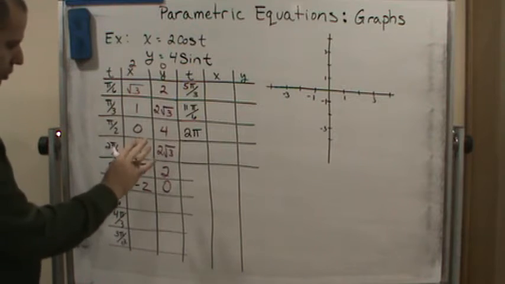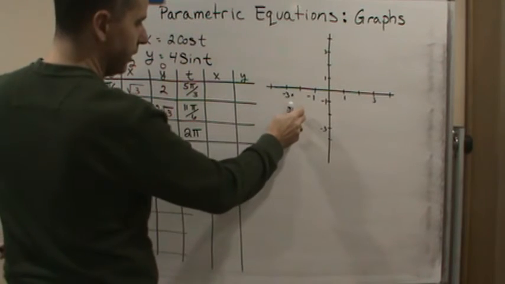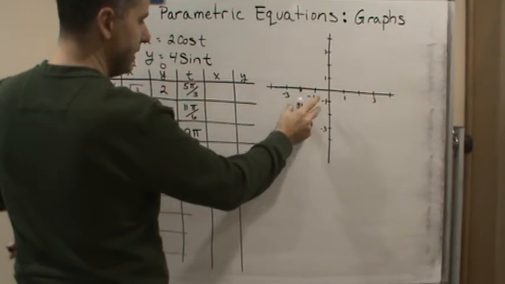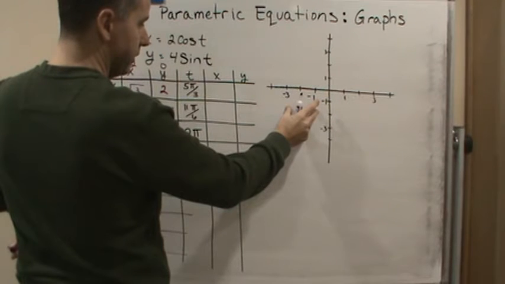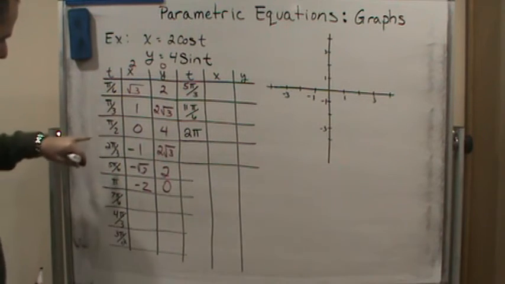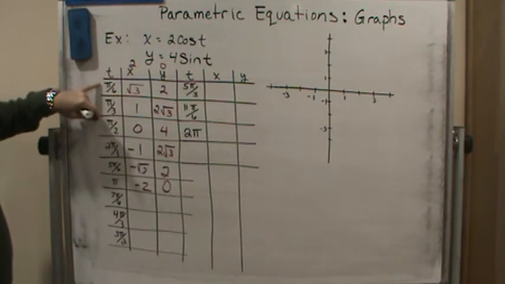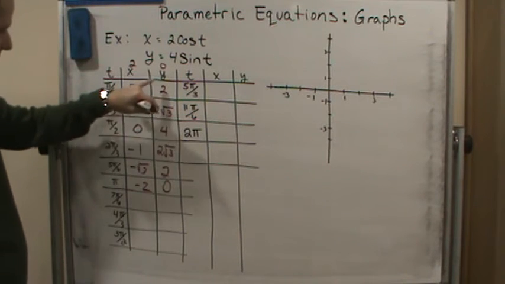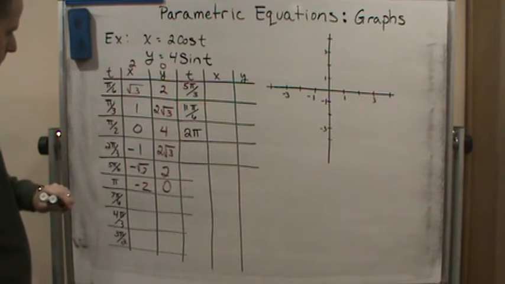Okay, so now notice something here. Now I'm going to go into the third quadrant. Sine is negative in the third quadrant. Cosine is negative in the third quadrant. Okay, so notice how here cosine is positive and sine is positive, right?